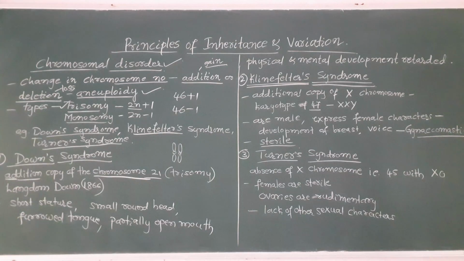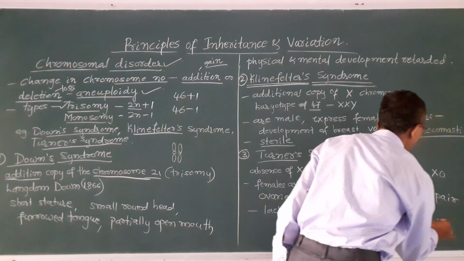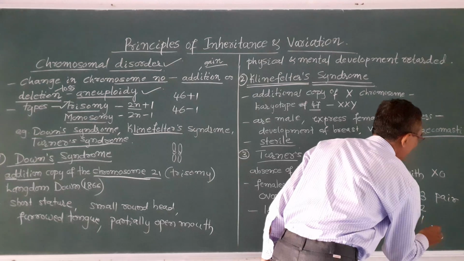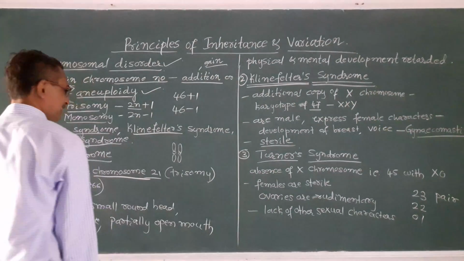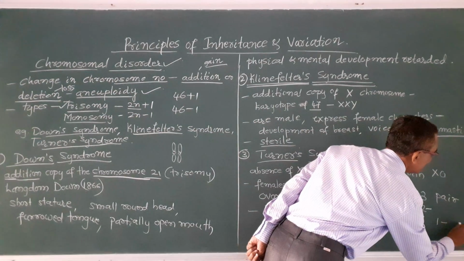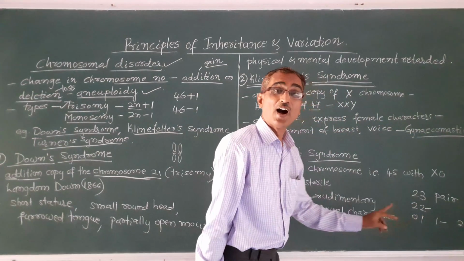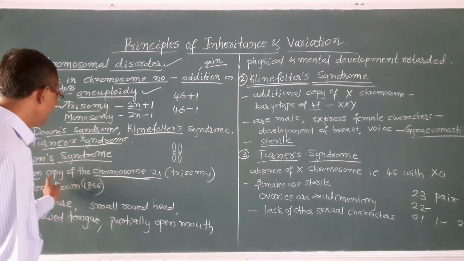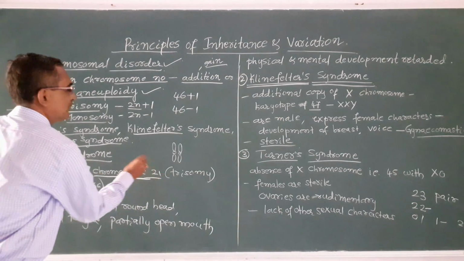We have 23 pairs of chromosomes; of these, 22 pairs are autosomes and one pair is sex chromosomes. Pairs 1 to 22 are autosomes. So there is addition of one copy of chromosome 21.